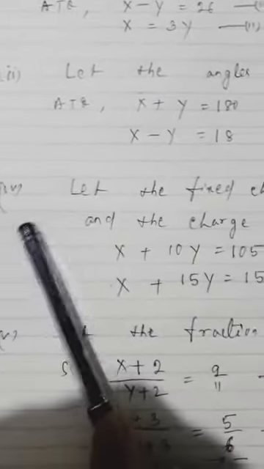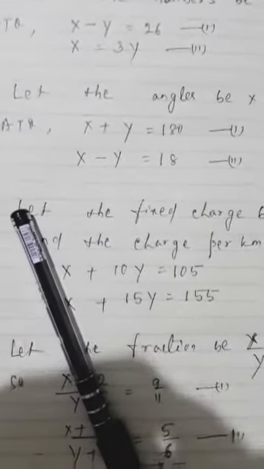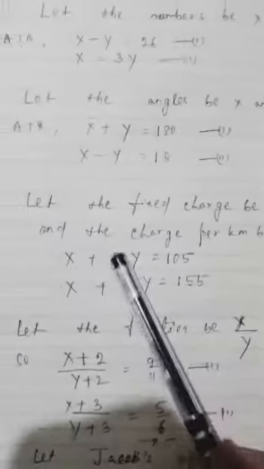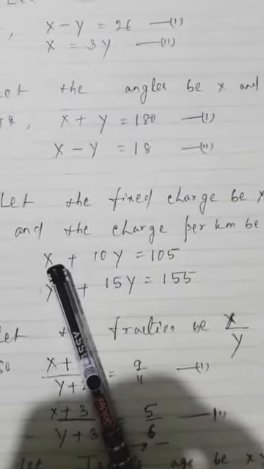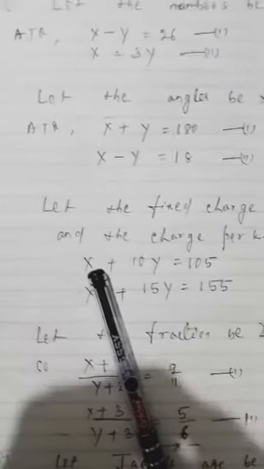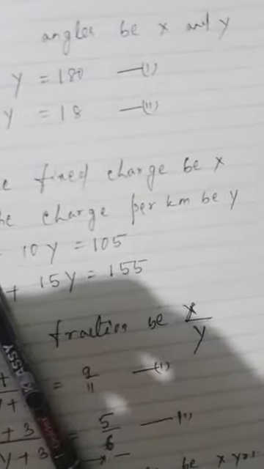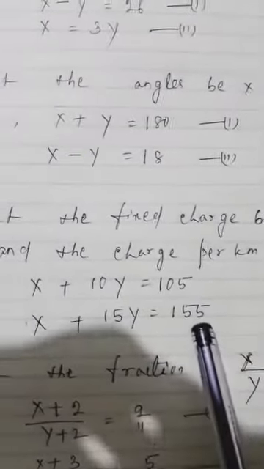Then come to bit 4, because bit 3 you all do, that type of question I have already discussed. So I am going for bit 4. In bit 4 what is given? The question is given like this. The taxi charges in a city are given like this.